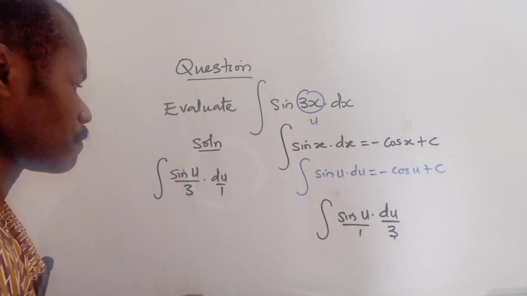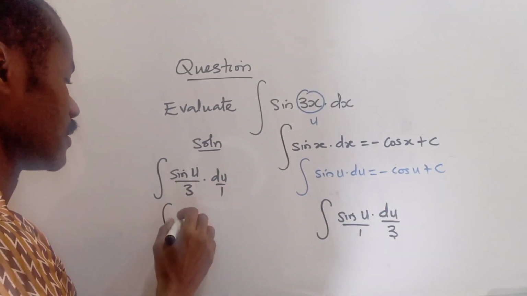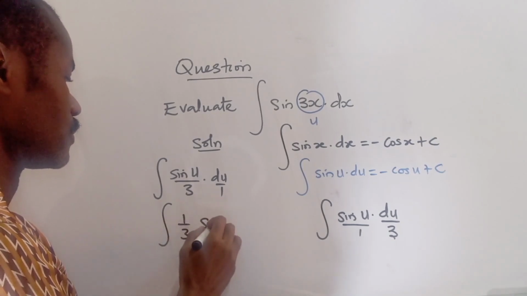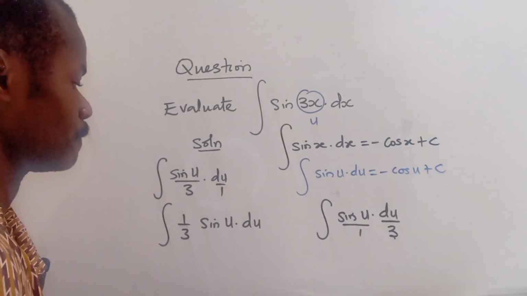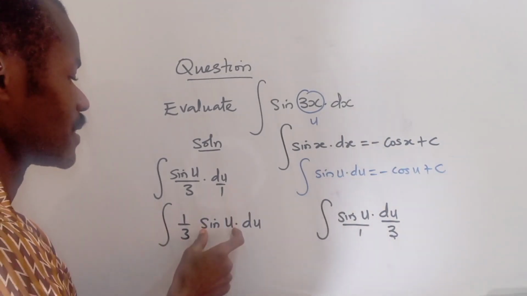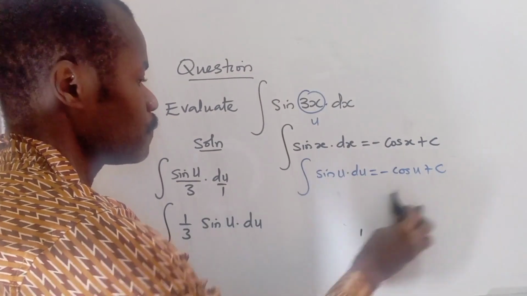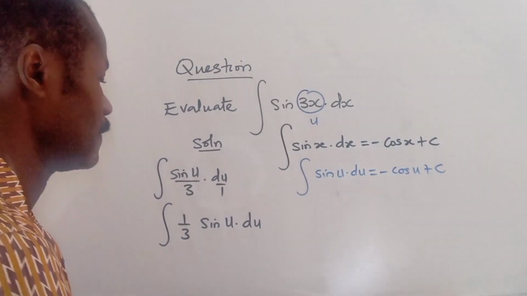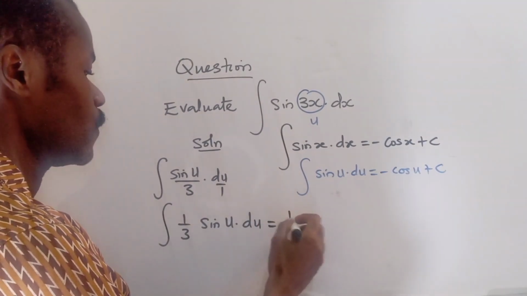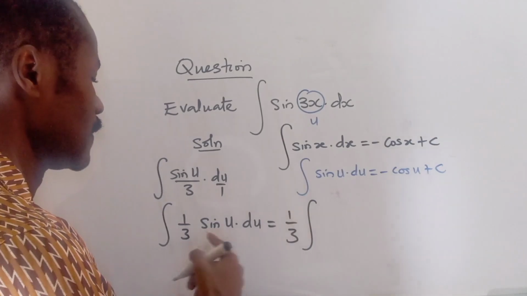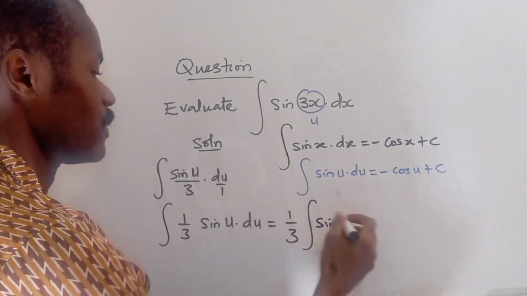From this, we can also write it as 1/3 times sine u. And finally, one more form is we can bring this out as a constant. So we have 1/3 integral of sine u multiplied by du.